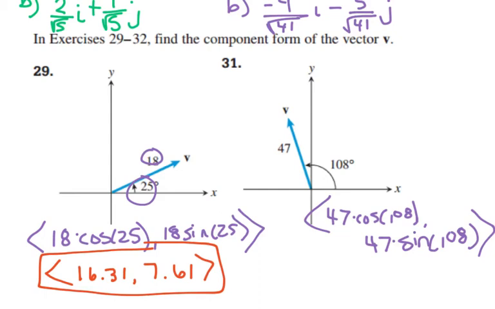And so we get 47 times cosine in degree mode, and then also sine. So our x value becomes negative 14.52, and then 44.70.